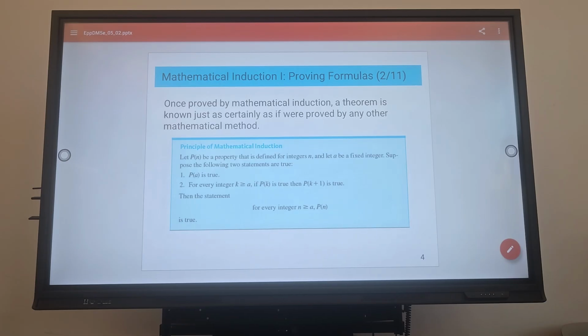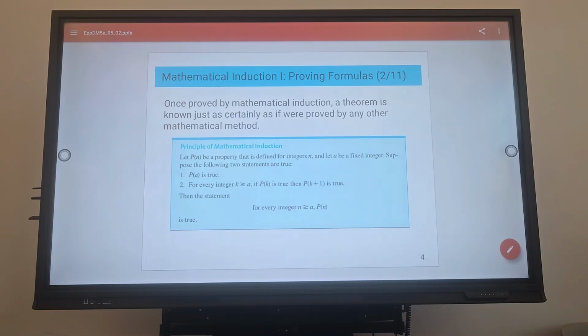So the principle of mathematical induction is shown this way. Let P(n) be a property that is defined for integers n, and let a be a fixed integer.